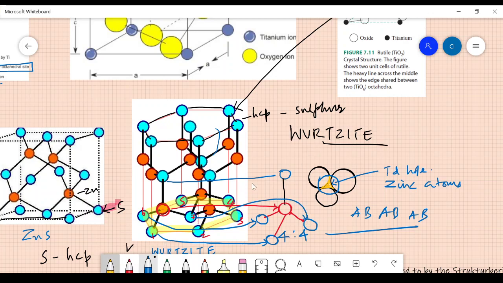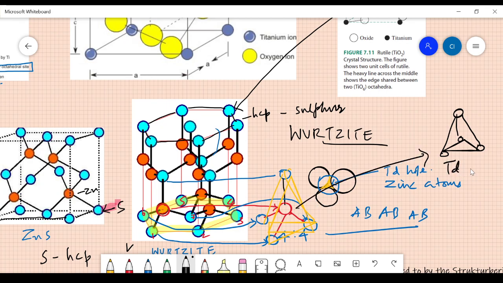So you get a very good tetrahedron there. Or you can just join these three lines and draw something like this. So you know very well how a tetrahedron is drawn.